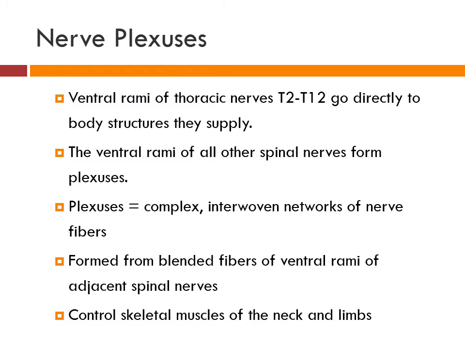So a plexus is a complex interwoven network of nerve fibers, and it is formed from blending the fibers of the ventral rami of adjacent spinal nerves, and they control skeletal muscles of the neck and the limbs.